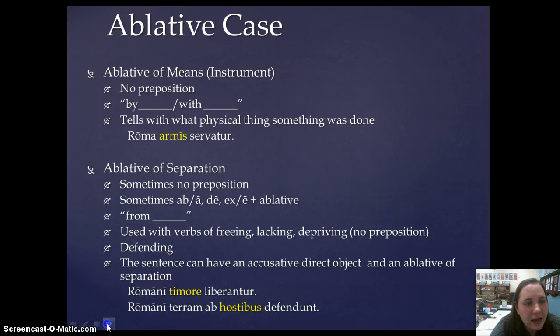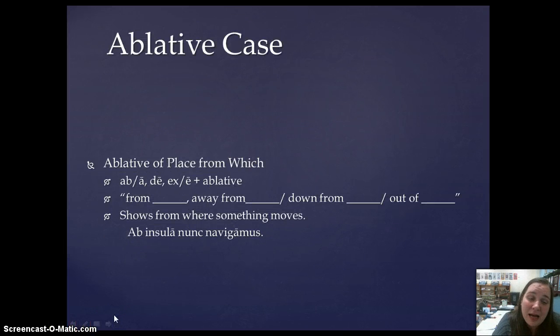Okay. Our last ablative use is actually a very straightforward one, the ablative of place from which. It literally tells you from where, or from what place something has come or is moving or is being moved.